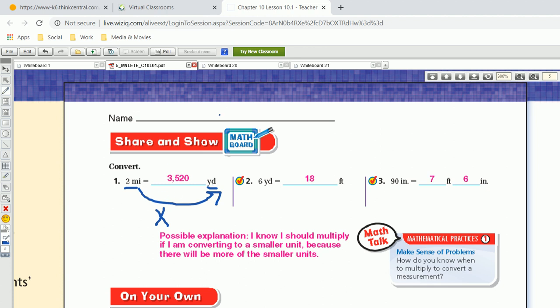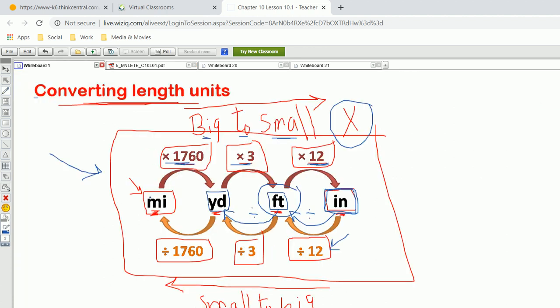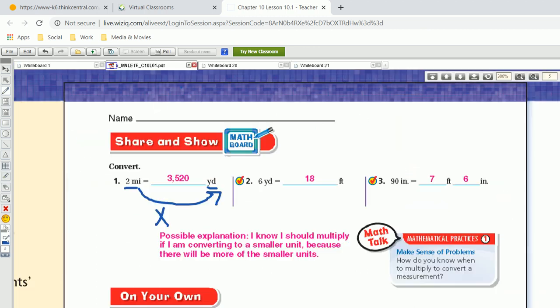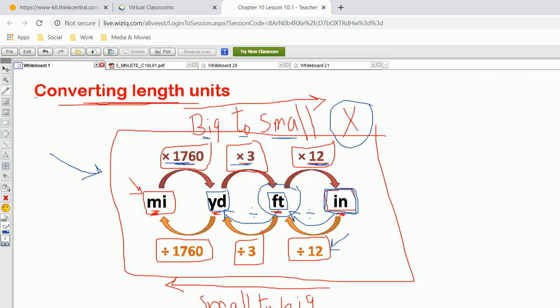Multiply by what? Here, 1 mile equals how many yards? It will be 1760.